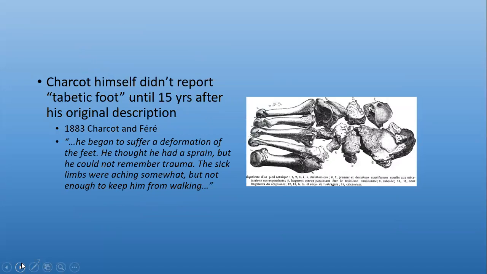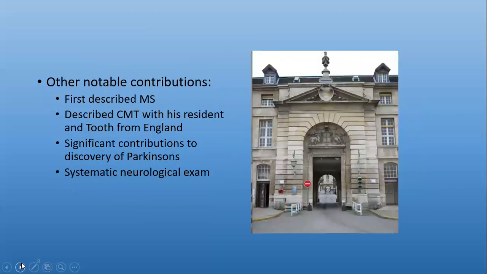And he thought he had a sprain, but couldn't remember any trauma. So a lot of these patients don't necessarily have a large traumatic injury that they can recall, but all of a sudden their foot becomes deformed and everything starts to go downhill.